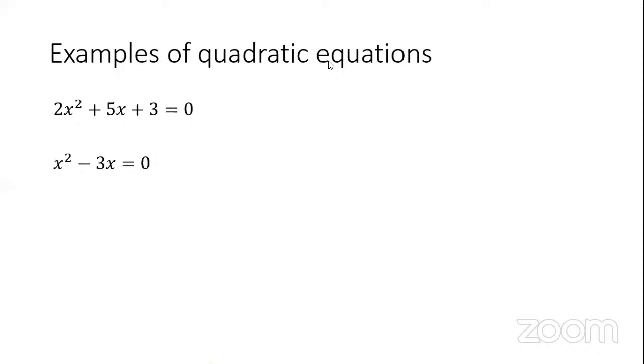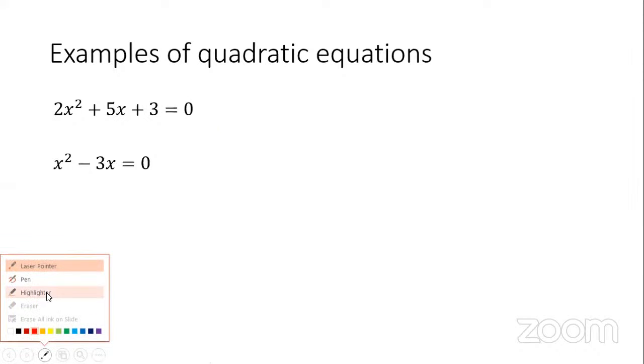So here we have some examples of quadratic equations. The first one, we have 2x squared plus 5x plus 3 is equal to 0. So that is our first quadratic equation.